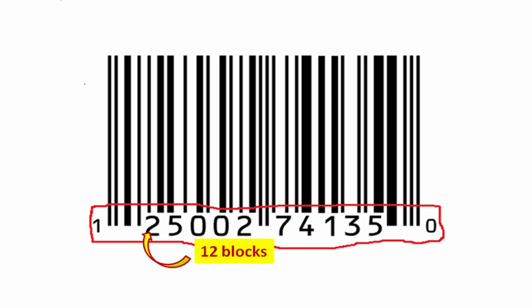Those 84 blocks have 42 blocks in each group, and in each 42 blocks, 7 blocks represent one value, and therefore that 42 will have 6 values here and 6 values there. So totally you have 12 numbers, and 12 values and 12 numbers are shown.